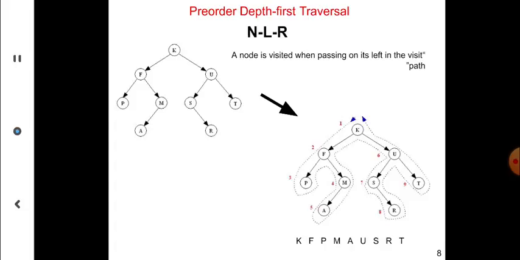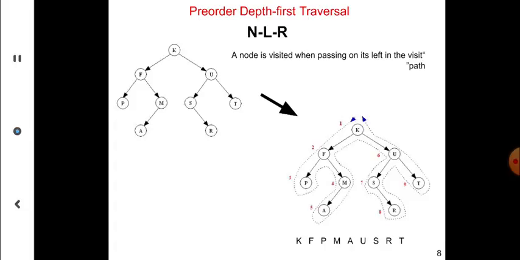So K, then F, then P is coming, and after P you have the right subtree. So you go into M, and then you come again to the left, because it's node, left, right. So we have this process, and then finally we come to U. Why? Because I finished the left subtree and now I'm coming into the right subtree.